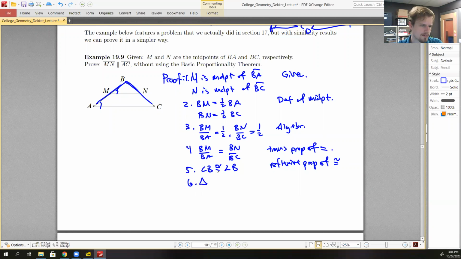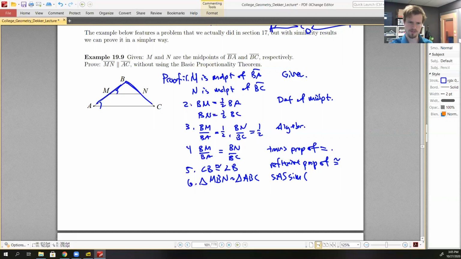So triangle MBN is similar to triangle ABC by side, angle, side similarity. Side, angle, side is being utilized, but we want to make sure it's clear that we're looking at similarity here.